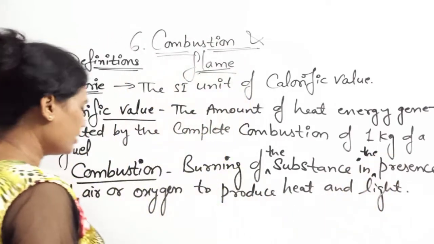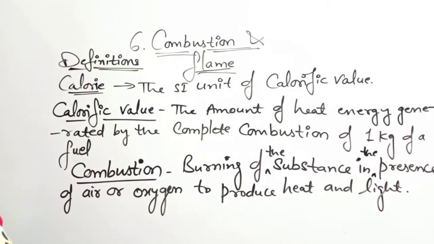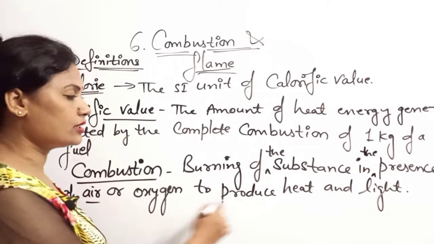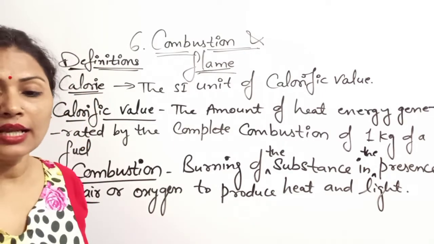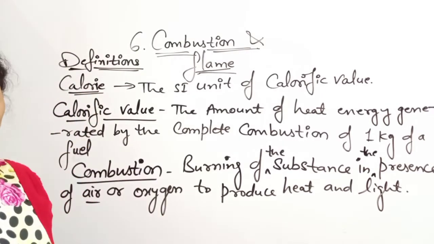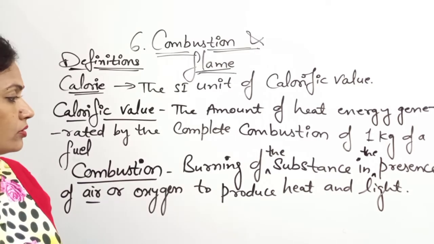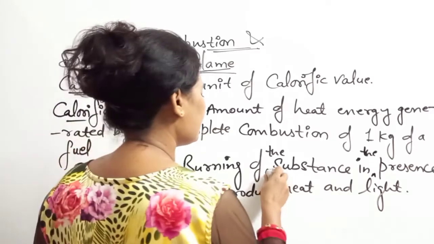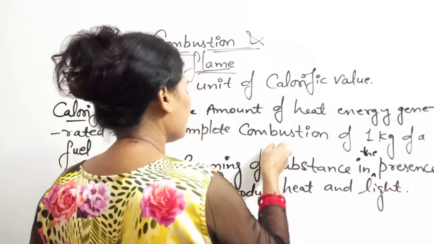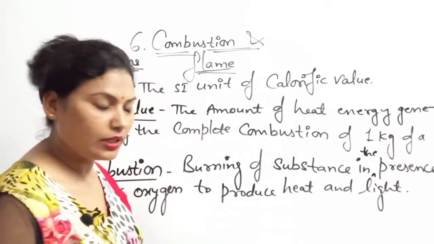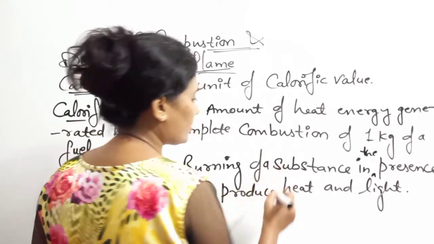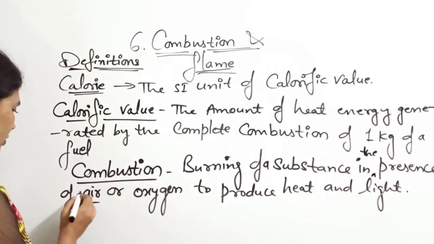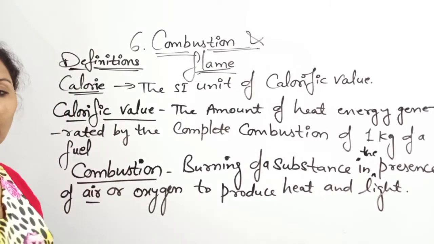Okay, so you can write that combustion is the burning of a substance in the presence of air or oxygen to produce heat and light. So that is known as combustion.